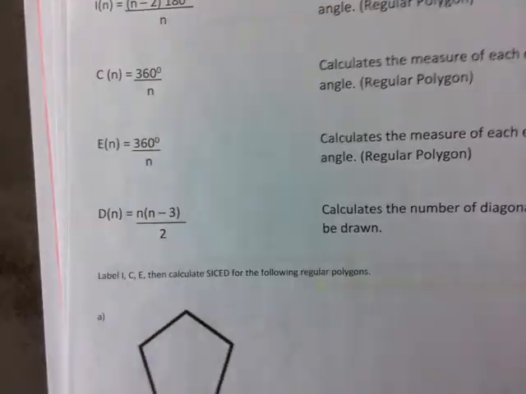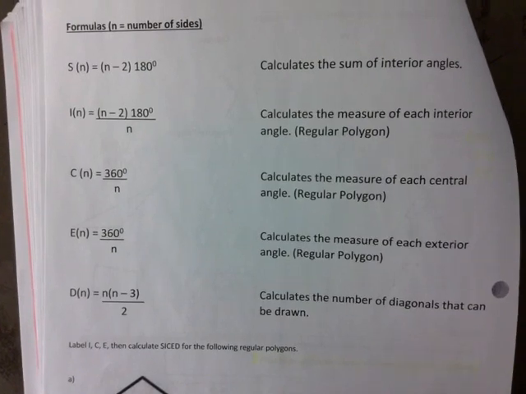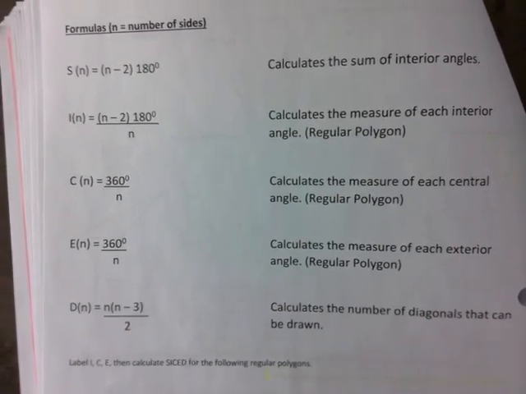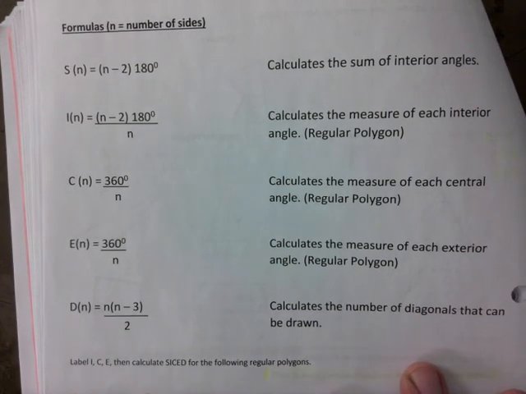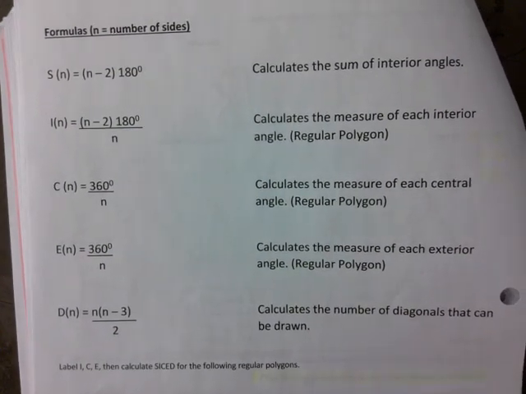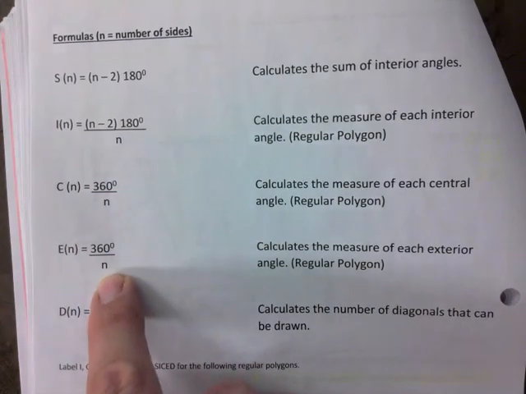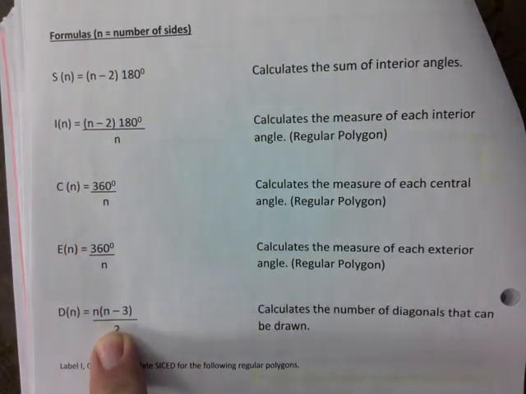Here are some formulas that, unless you're really good at memorizing, I would not even risk it, because if you get even one thing wrong, the whole thing is wrong. And think of months from now, you're going to need this for the exam. So these formulas, on page 33, should definitely be on your study sheet.